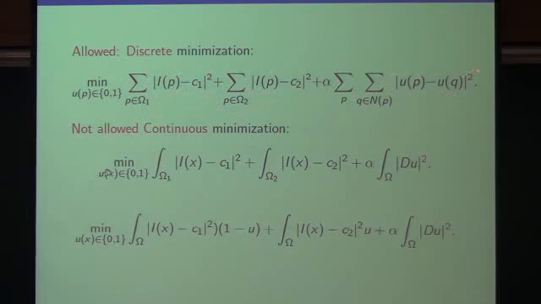If you put the power of 2 here, it doesn't matter, because the jump is 1. 1 to the power of 1 is 1, and 1 to the power of 2 is still 1. If you put the power of 2, this function looks more convex. You increase the convexity, even becoming linear. So in the discretized setting, this looks very natural and appealing. However, if you do this in the continuous setting, this will not be allowed.